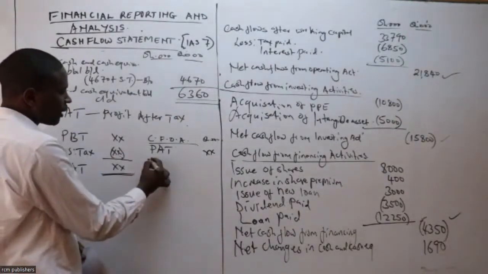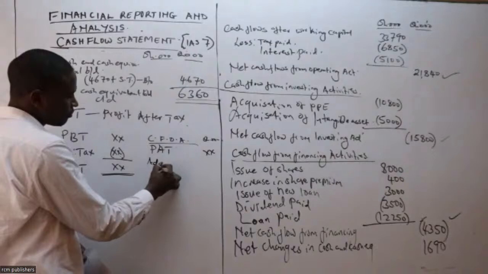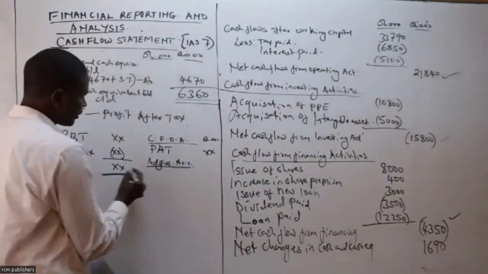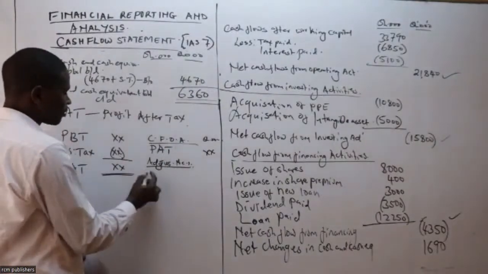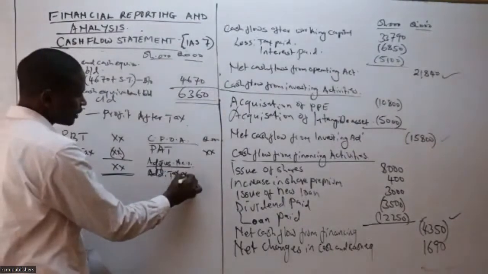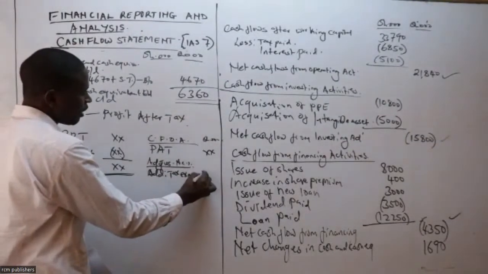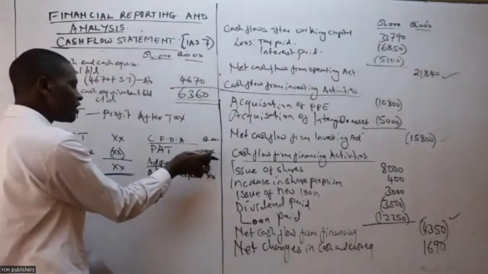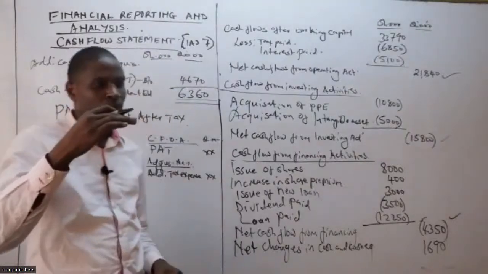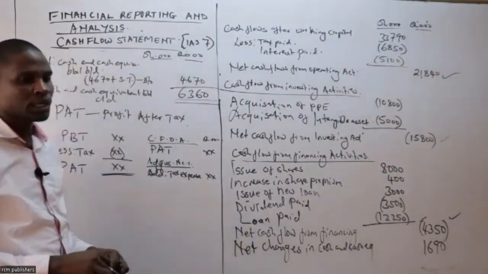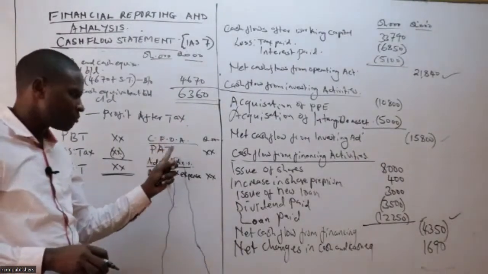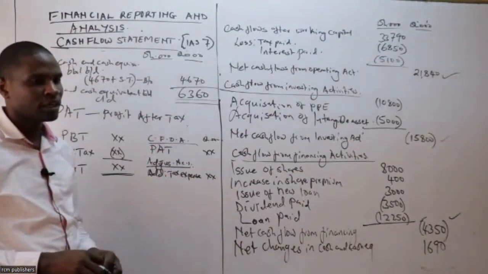So under adjustment of non-cash items, bring this tax. You add tax expense. So you shall have returned this profit to a profit before tax. Are we together now? Do you understand the concept? So you bring tax, you add it back under adjustment of non-cash items.